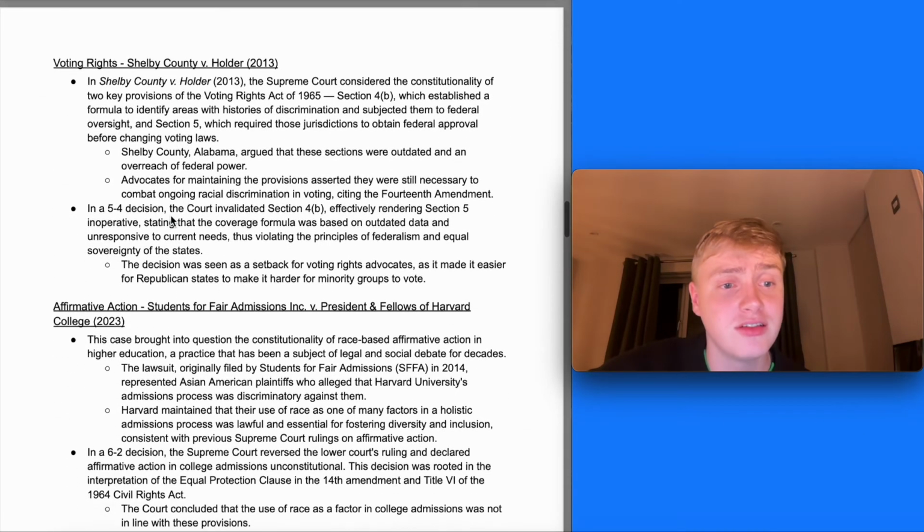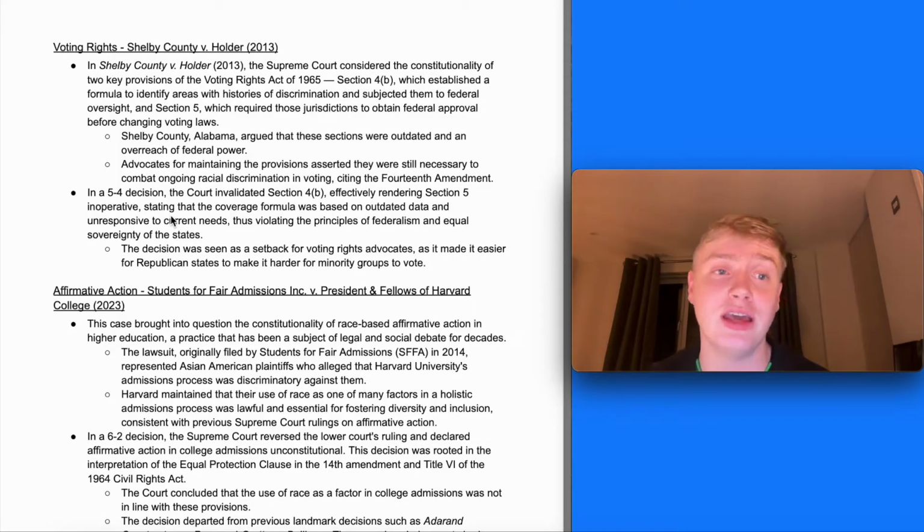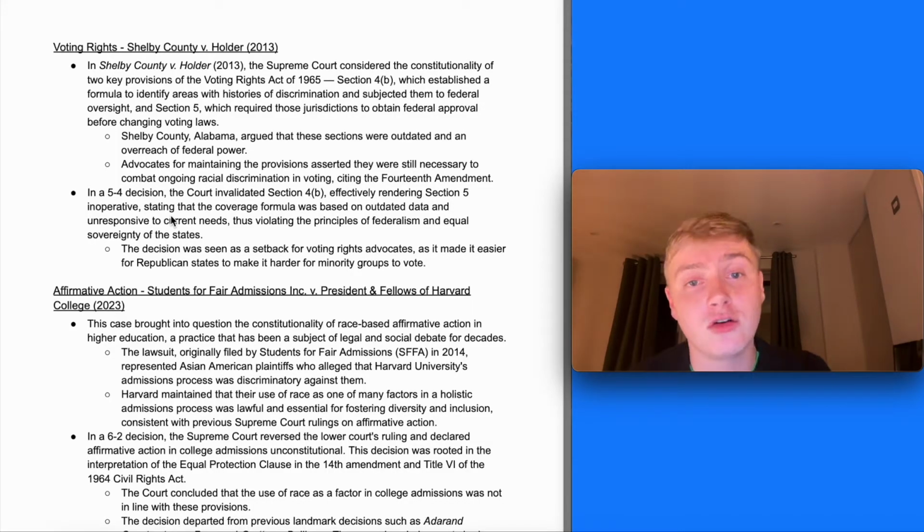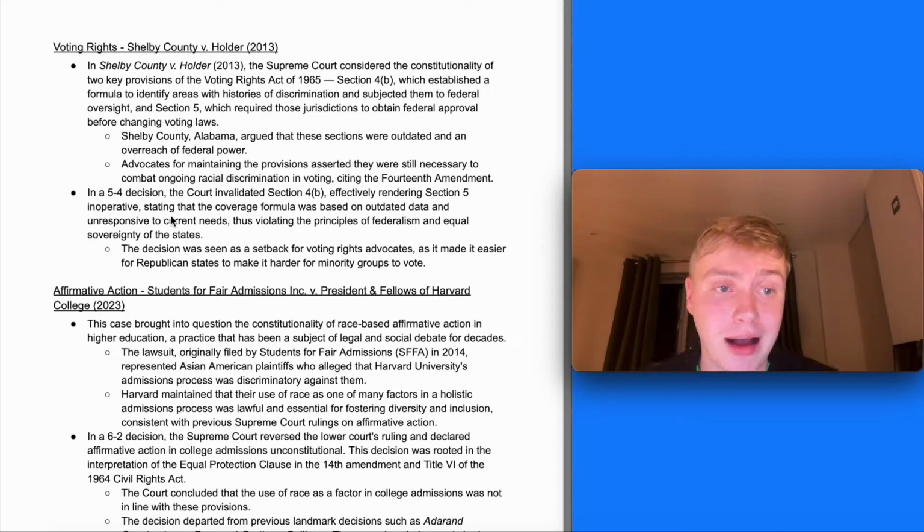In terms of voting rights, Shelby County v. Holder is a really key example, and this is when the Supreme Court considered the constitutionality of two key provisions of the Voting Rights Act, and effectively argued that these sections were outdated and an overreach of federal power.